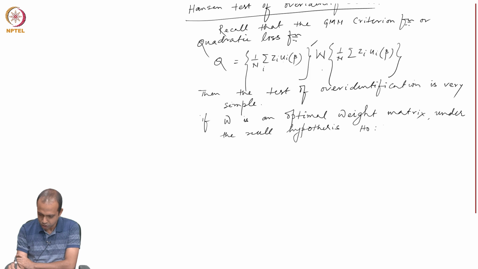H naught: expectation of z_i u_i(beta) equals 0.